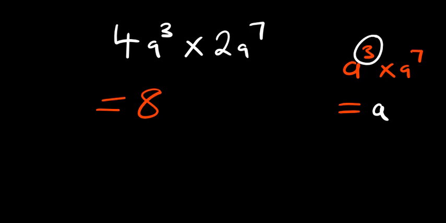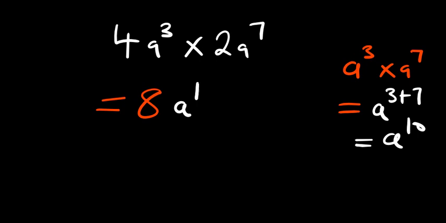Then to the powers, because you're multiplying, you are going to add the powers, right? So 3 plus 7. What does that give us? It gives us a 10. So you're going to have a to the power 10, and therefore this is going to be your final answer.